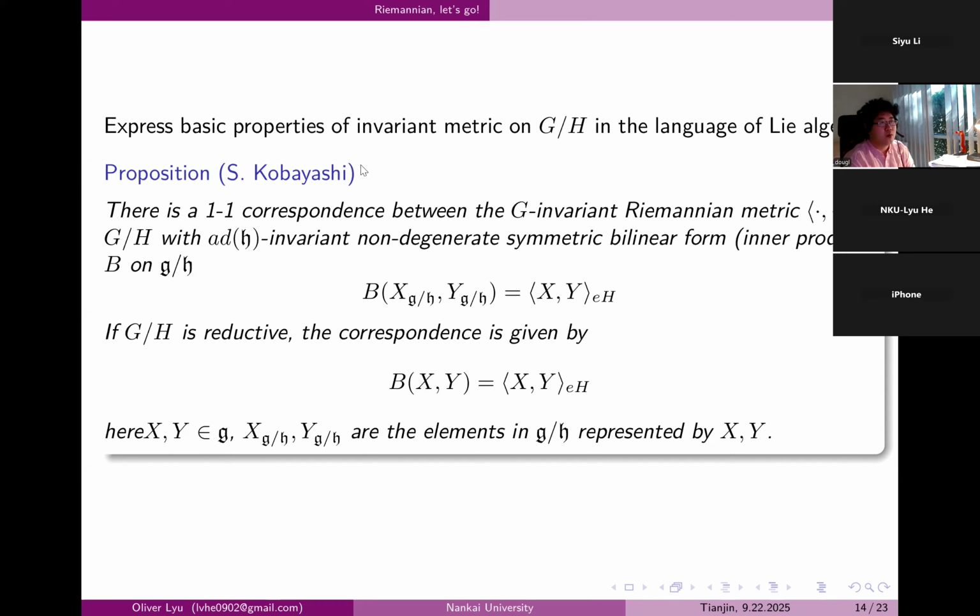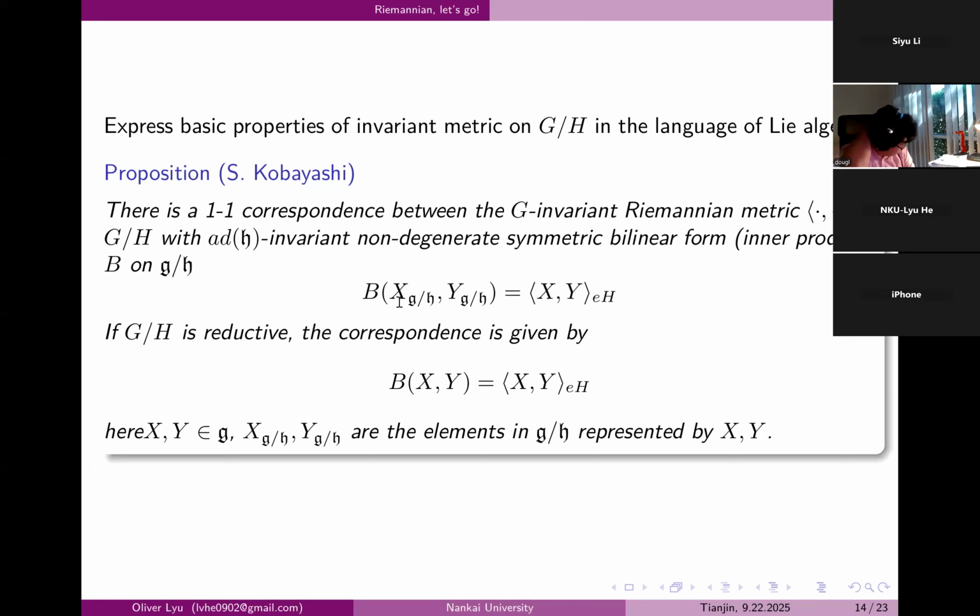There is a one-to-one correspondence between the G invariant Riemannian metric on G mod H and an ADH invariant, non-degenerate symmetric bilinear form, which we might just say is an ADH invariant inner product. Let's call this inner product B on this quotient space.